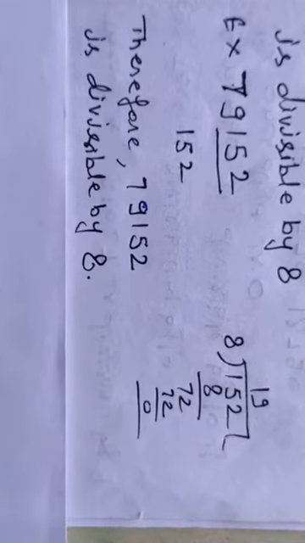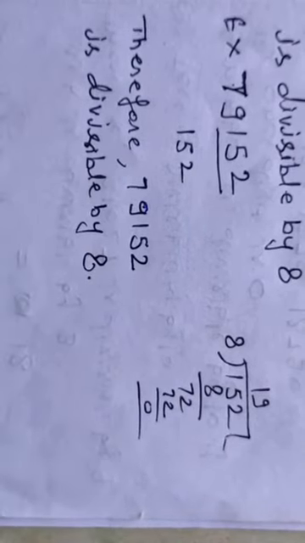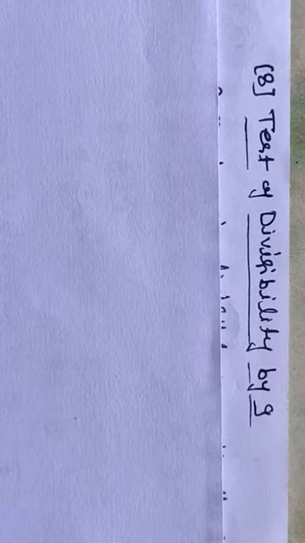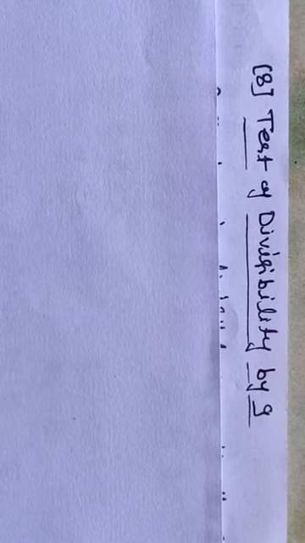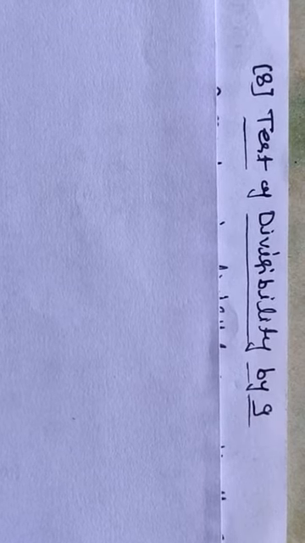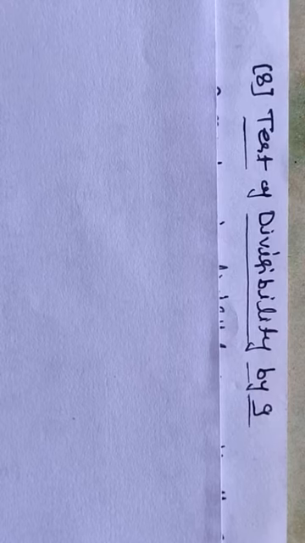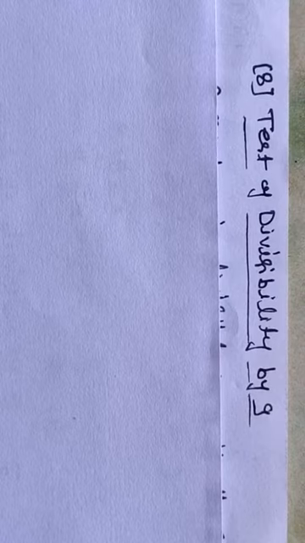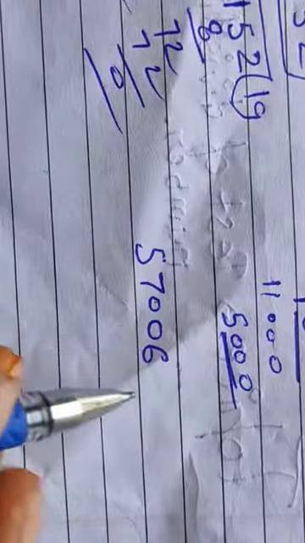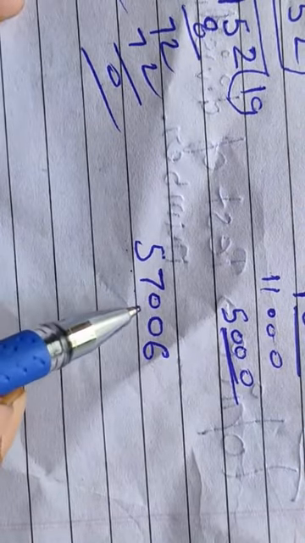Now the divisibility test by 9, and the test is just like the test of 3. In this test we will find the sum of all digits of the given number. If the sum of all digits is divisible by 9, then the given number is divisible by 9. For example, I have a number 57006.